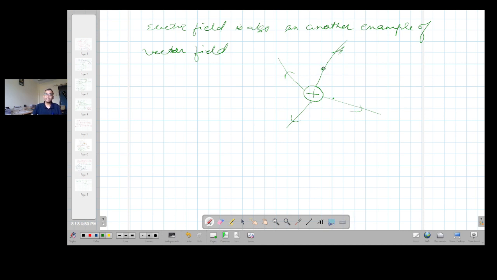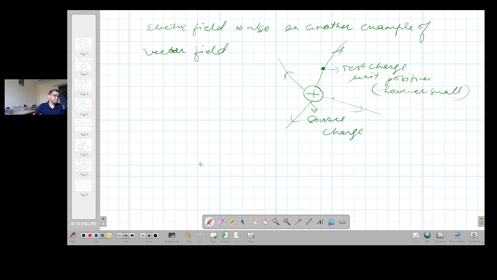This is the source charge and this is the test charge. This is a unit positive charge, which is a simple convention, and it should be however small. I will talk about this concept later on, right? So electric field is another example.